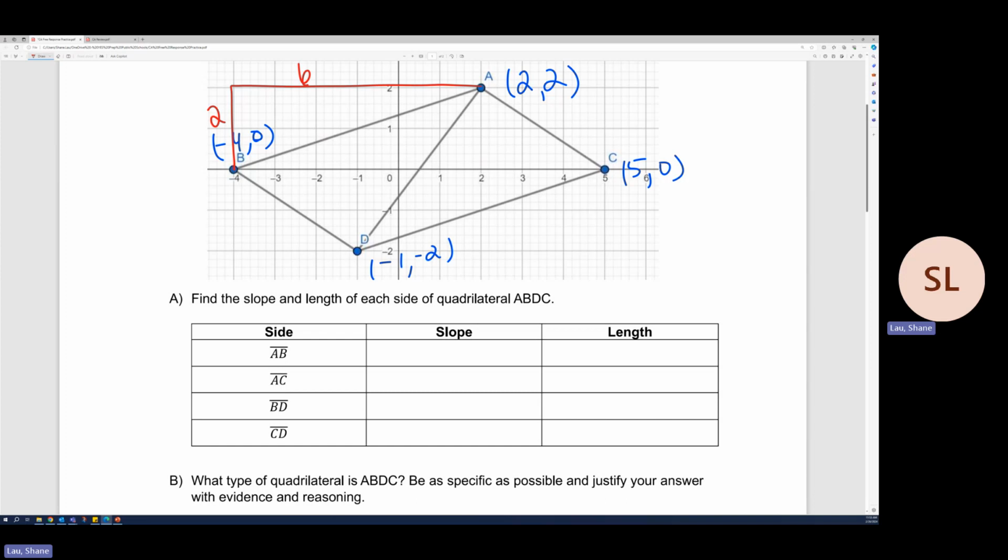That's what we're looking for. Oh my gosh, what am I saying? We're not doing distance. We'll set this up as rise over run. We have 2 over 6, because our rise is 2 and our run is 6. Simplify the slope down to get just 1/3.